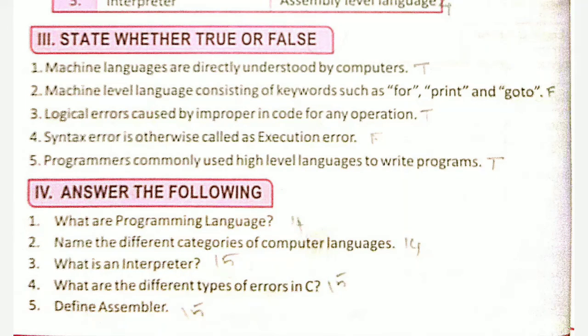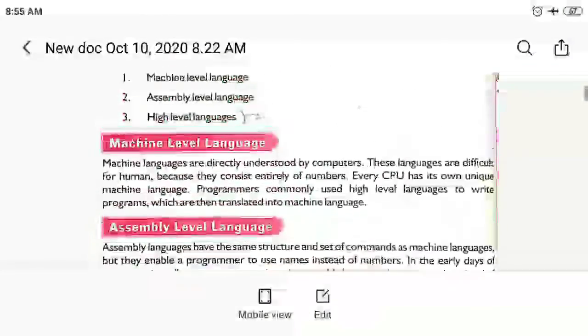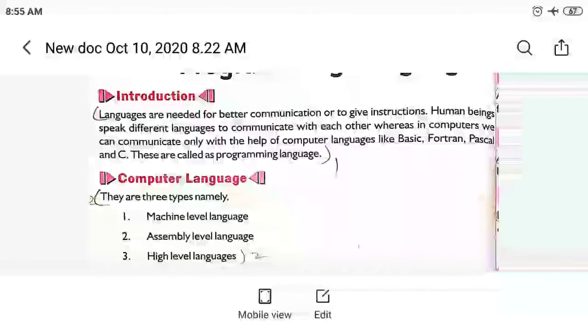What are programming languages? Page number 14, introduction, the first paragraph fully. The 4 lines, starting from 'languages are needed' to 'called programming language'.